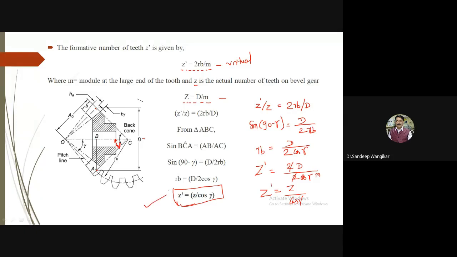So you get the relation for the virtual number of teeth: Z dash is equal to Z divided by cos of gamma. Using this relation, we can calculate the virtual number of teeth if the actual number of teeth is given. Very important relation, write it down: Z dash is equal to Z divided by cos of gamma.